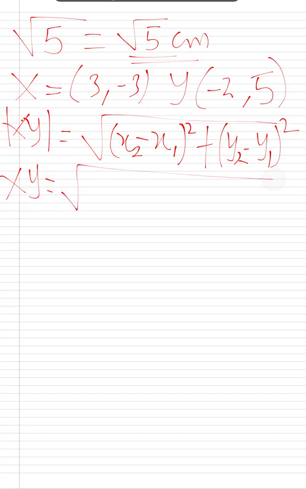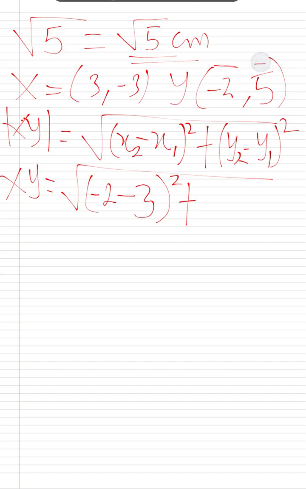Your distance xy will now be equal to square root of, from here now, what's your x2? This is your x2 here, so our x2 is minus 2. You can see that, minus 2, then minus, what's our x1? 3. All right, all squared, plus what's our y2?